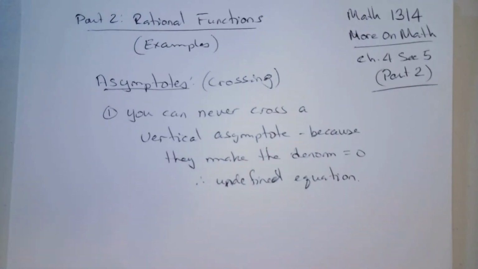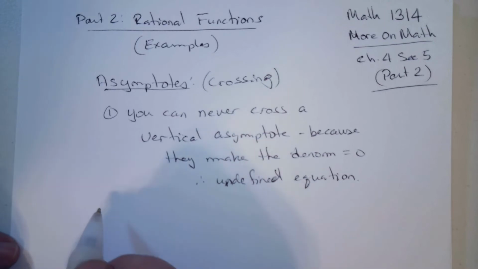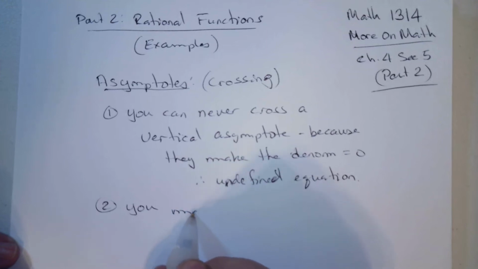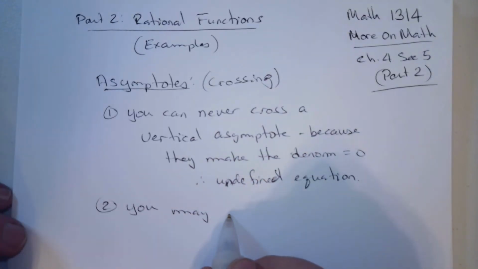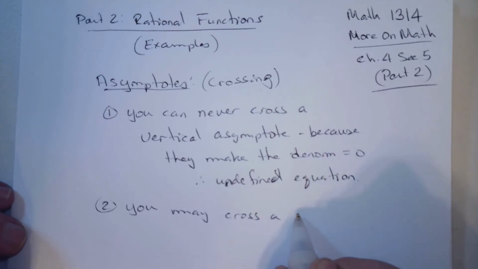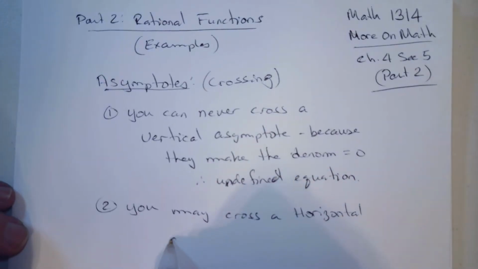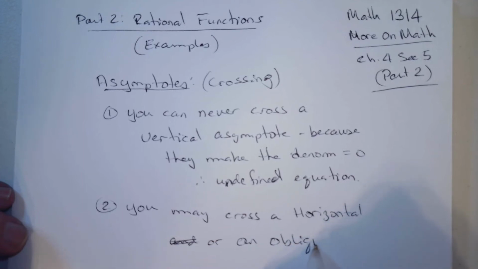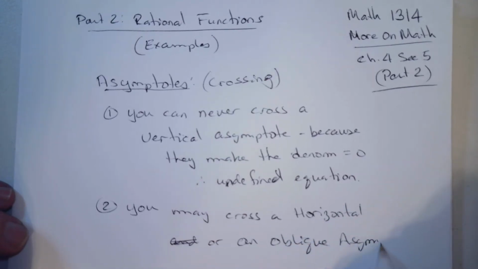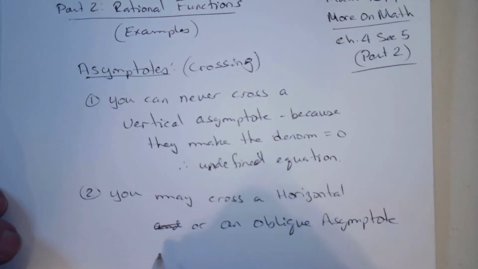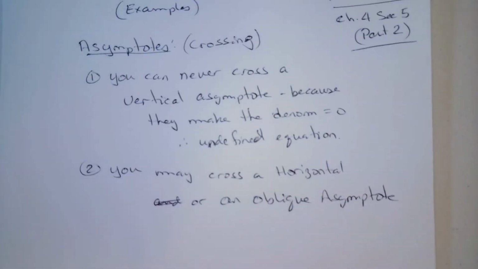So, you can never cross a vertical asymptote. You may cross a horizontal or an oblique asymptote, but not all the time, only in some cases.